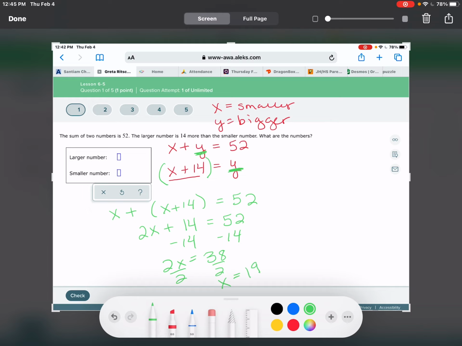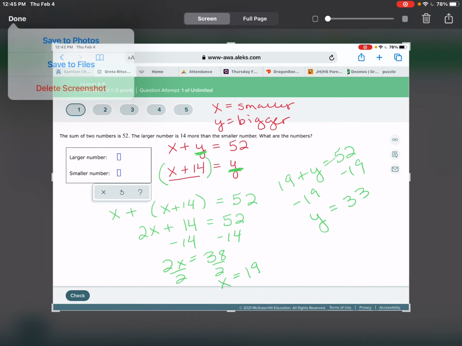So my smaller number is 19, and then I know that if I have x plus y is 52, so 19 plus y equals 52, which means I'm going to be subtracting 19 to find out what y is. 52 minus 19 is 33. So I have 19 and 33.